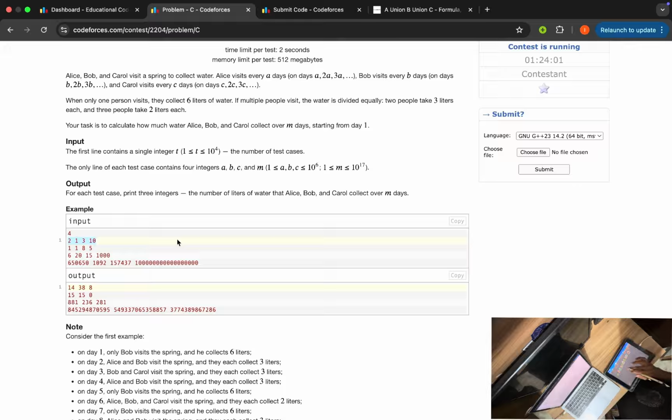Okay, I think I should do something like: 1 getting interrupted by the other two values means 6. 1 getting interrupted, yeah, 1 is getting interrupted by 2, then getting interrupted by 3, and getting interrupted by a mix of them, 6.